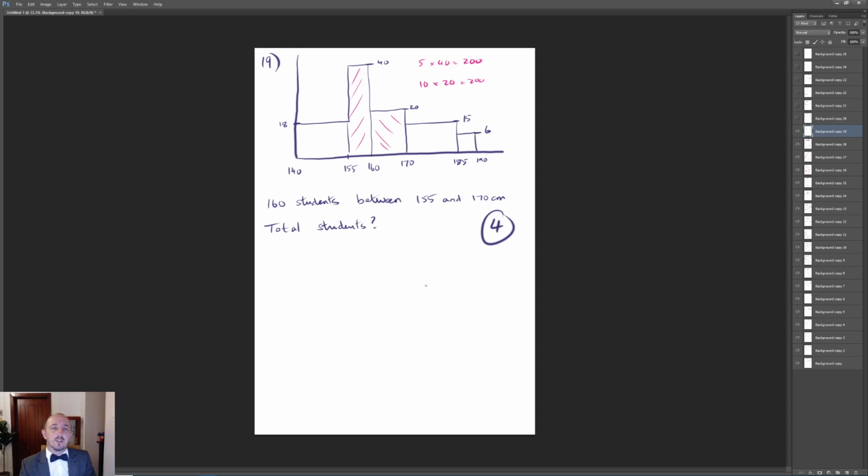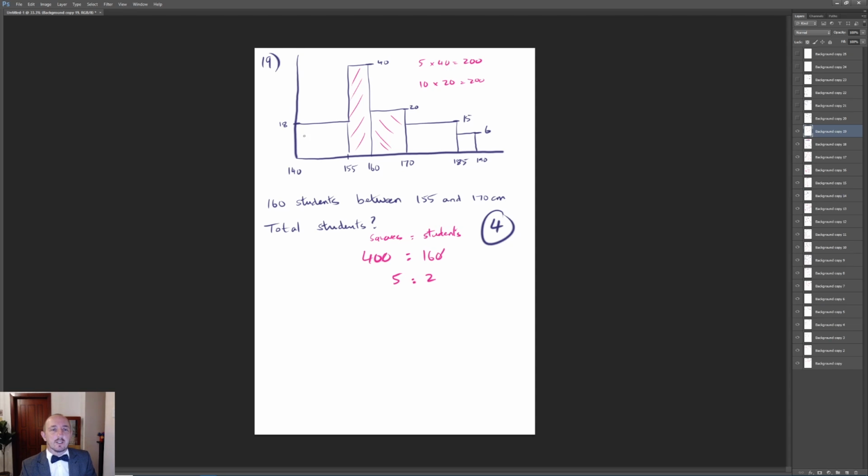So 200 plus 200, 400 tiny squares are representative of 160 students. For squares to students, if I cancel this ratio and divide by 8, then I get 2 to 5.